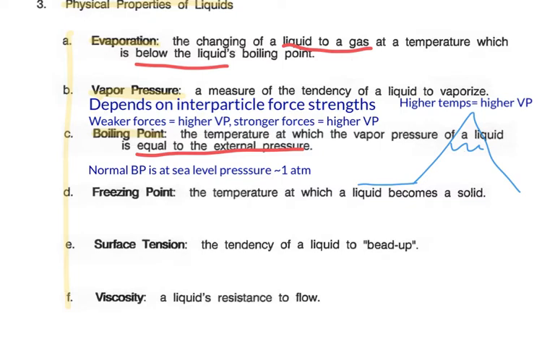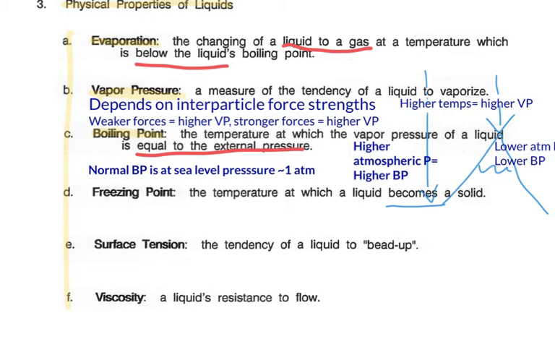And at the top of a mountain, remember, the higher the elevation, the lower the external pressure. That means the lower the boiling point. And then we can look at freezing point, and freezing point is the temperature at which a liquid becomes a solid. And again, notice that it says the freezing point. That's talking about the temperature where this occurs.